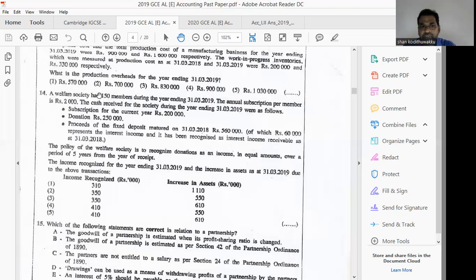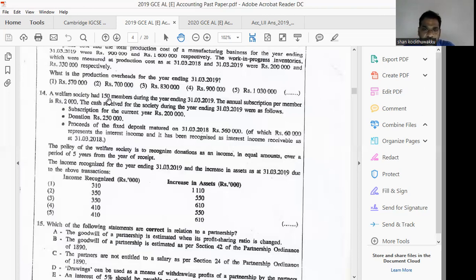Then 150 members into 2,000 will be the relevant member fee income for that year. 2,000 into 150: 4 zeros, and 2 into 15 is 30, that means 5 zeros.